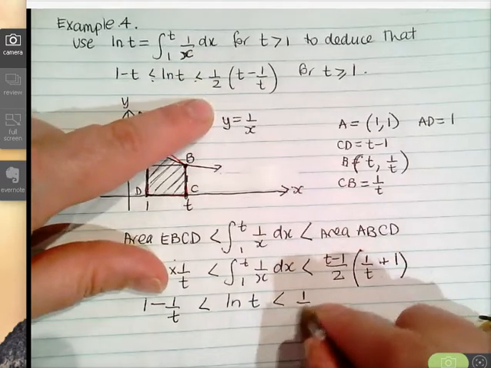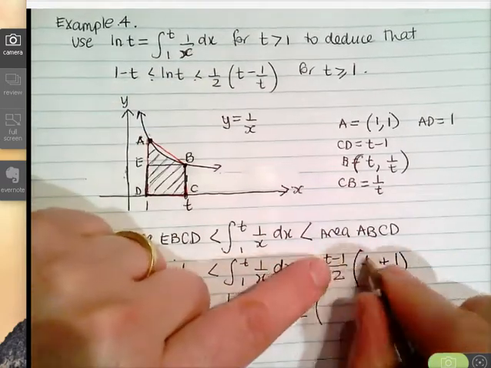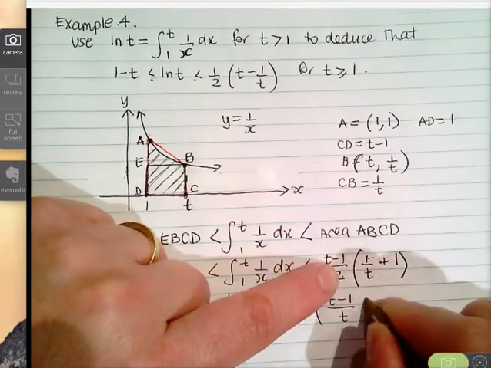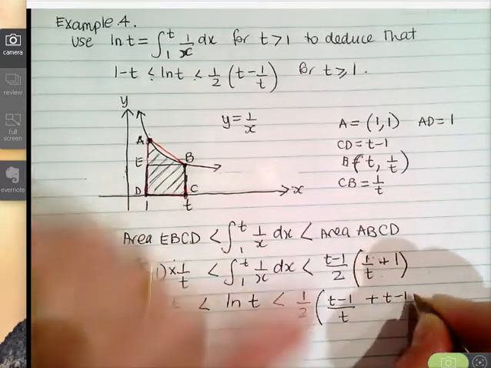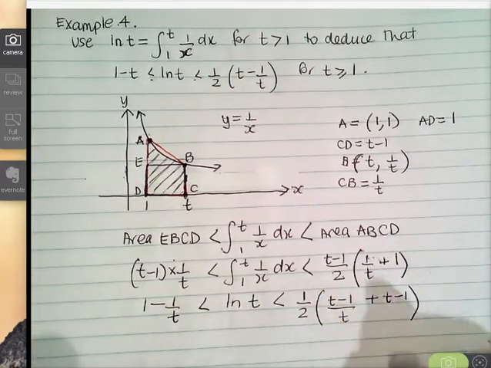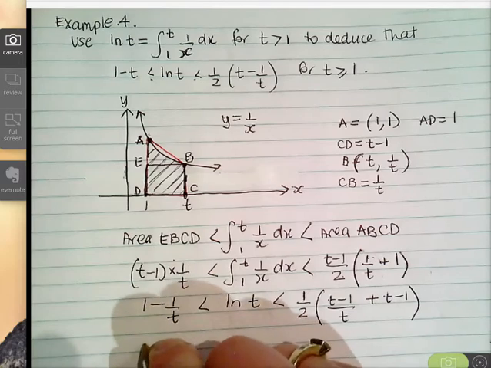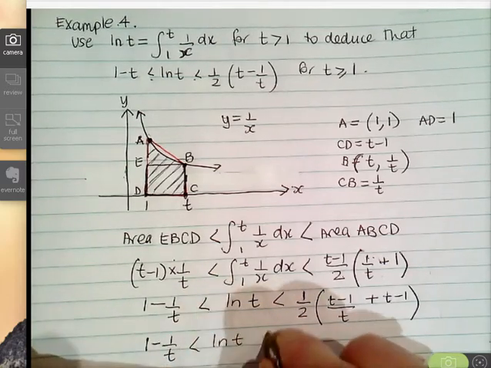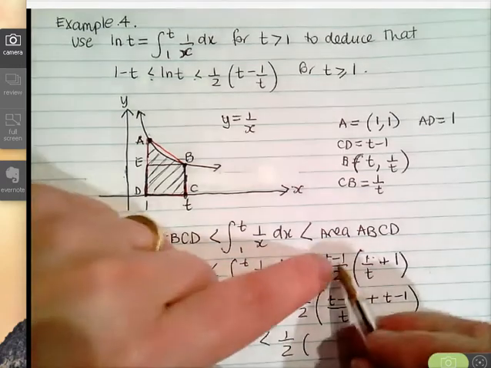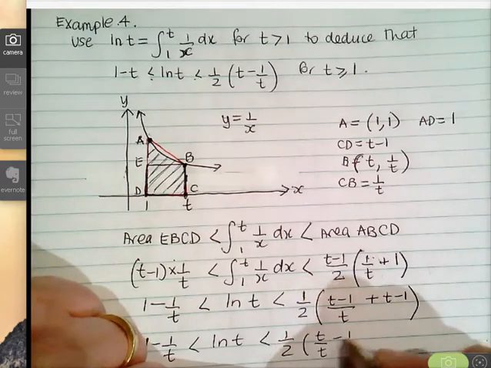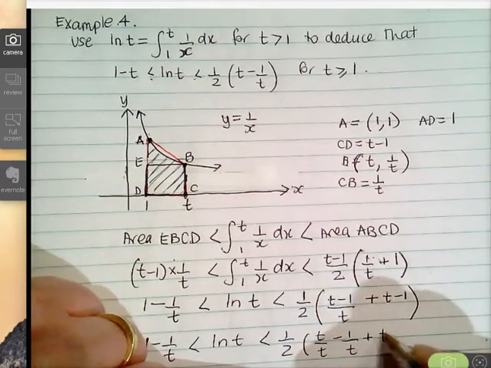So let's keep the half out here and multiply t minus 1 by each of these, and we get t minus 1 over t plus t minus 1. Let's simplify this a little bit. So we get 1 minus 1 over t is less than ln t, which is less than a half of t over t minus 1 over t plus t minus 1.